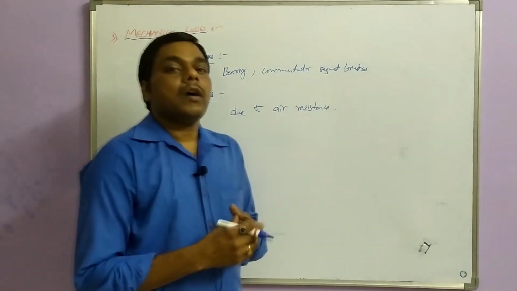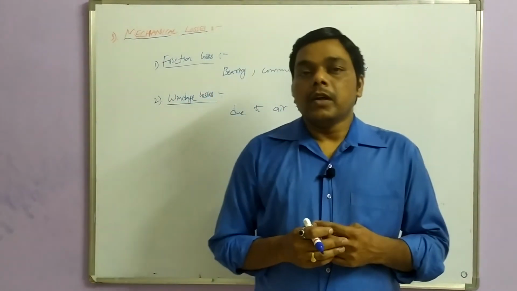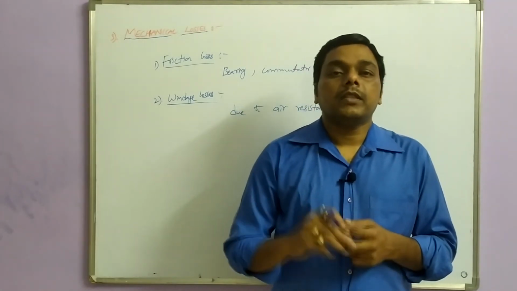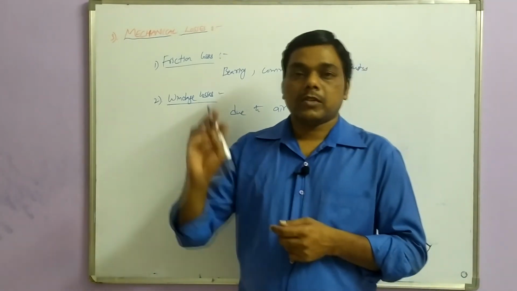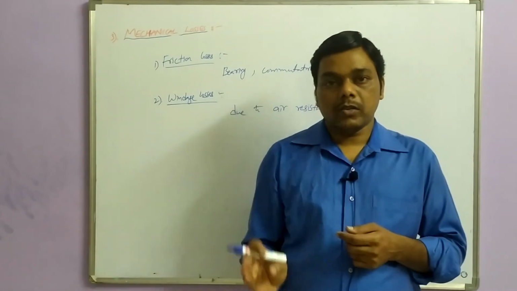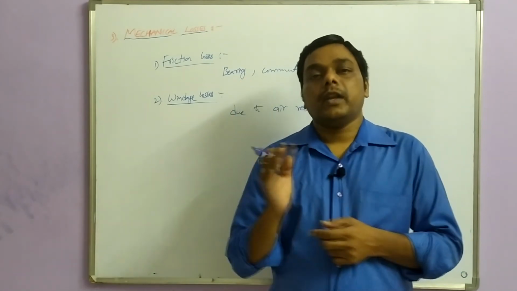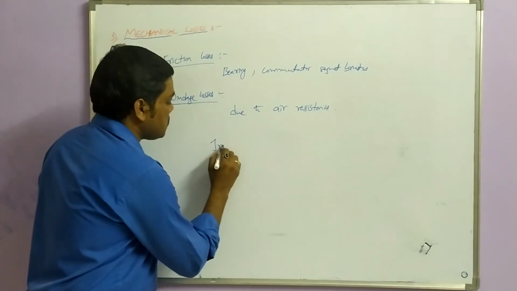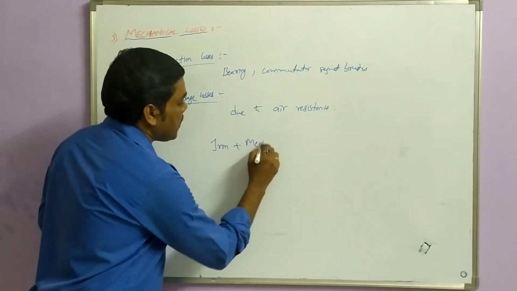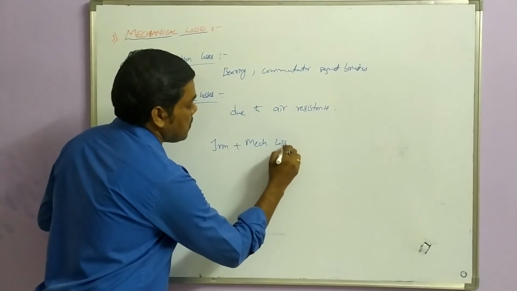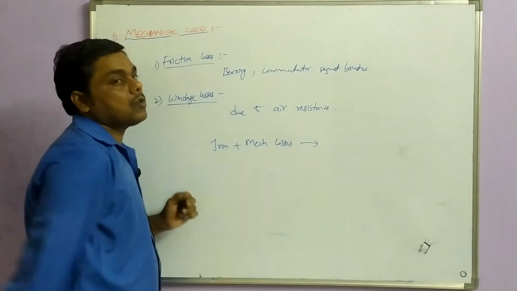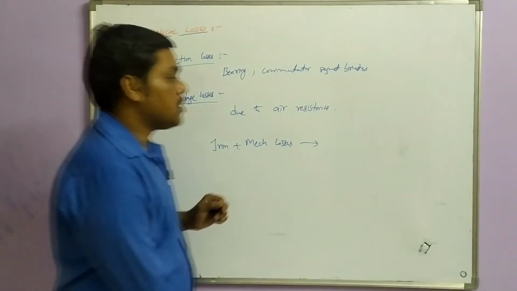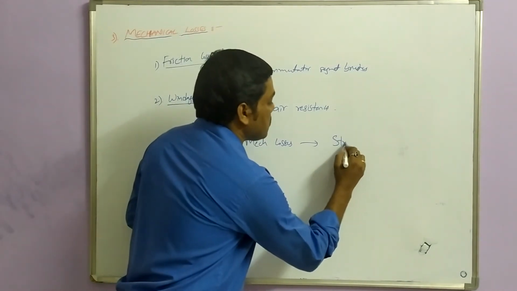Now overall, the armature and DC machines have three major types of losses: copper losses, iron losses and mechanical losses. Iron losses and mechanical losses combined are called stray losses.